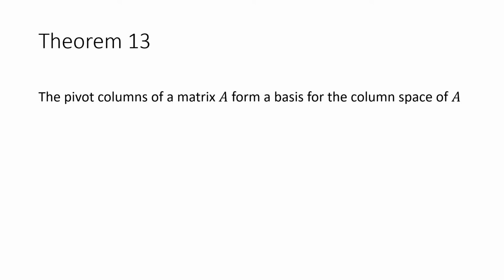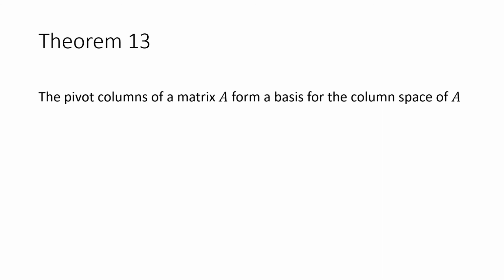You want the basis, which is a linearly independent set of vectors that span the same thing. In other words, what are you doing? You're looking for if there are any vectors, any columns in there that are irrelevant, that are extra, that you don't need to form that column space.